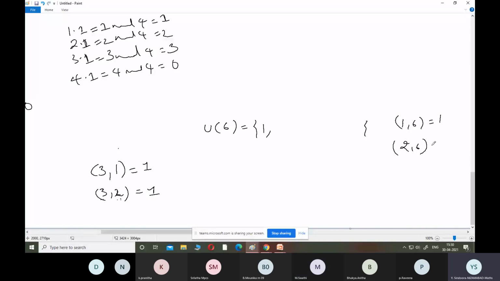What is GCD of 2 comma 6? 2. So it is not satisfying the definition, so I will not take this. Only when the greatest common divisor between these two elements is 1, only then I'll take those elements. Now what is the greatest common divisor of 3 comma 6? 3. So I'll not take this. What is the greatest common divisor of 4 and 6?